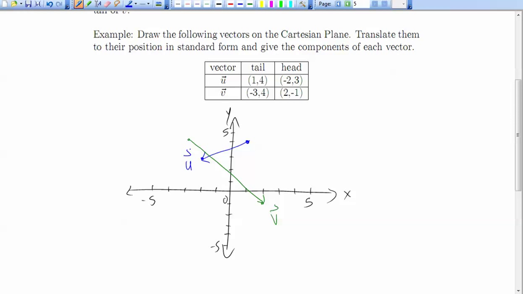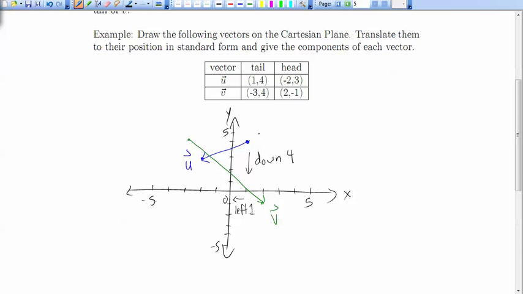Well, how do we do that? I know to put a vector in standard position, I need to move its tail to the origin. So let's think about the vector u. If I move its tail to the origin, I go down 4 units, and then I go left 1 unit.